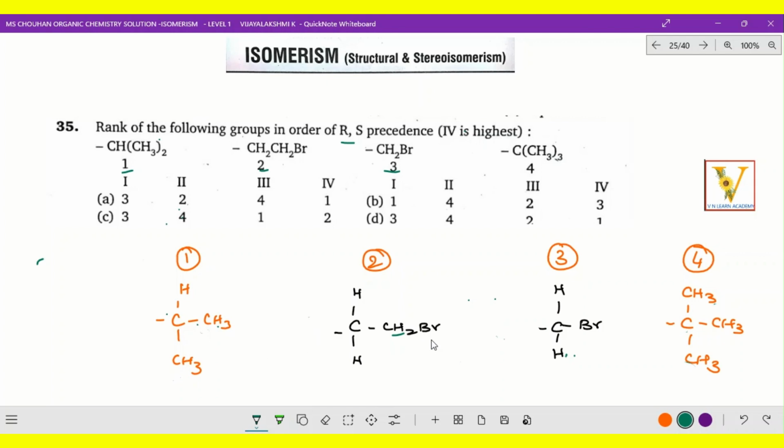Of course, as you look at this compound, I just bring it as a structural formula. So here something is attached, they didn't even mention, so I just put it in a small hyphen. Here 2 CH3 is there, here 1 CH2Br is there, here 2 hydrogens are attached with bromine, and here 3 CH3 is there. So whom will you give the priority among these?